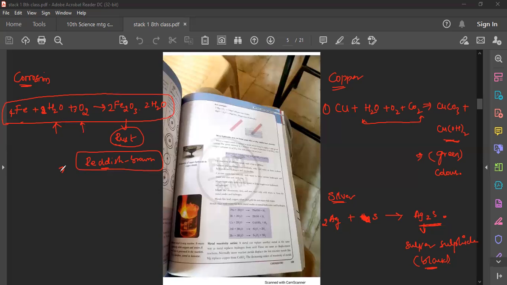Very good. What is the meaning of galvanization? Sir, the coating of iron with magnesium. Not with magnesium. It is the coating on the surface of iron articles with the help of one suitable metal. It is a very important process. What is that, Vedika?